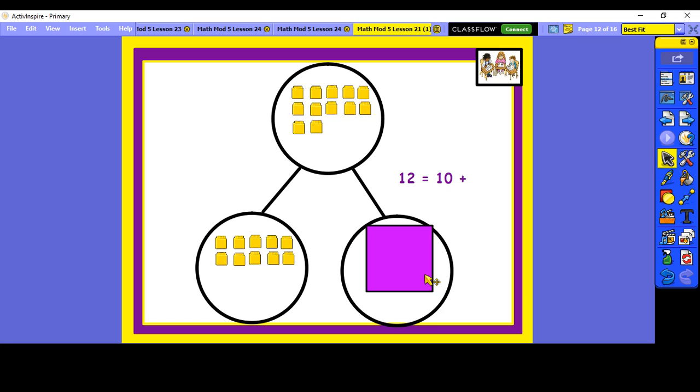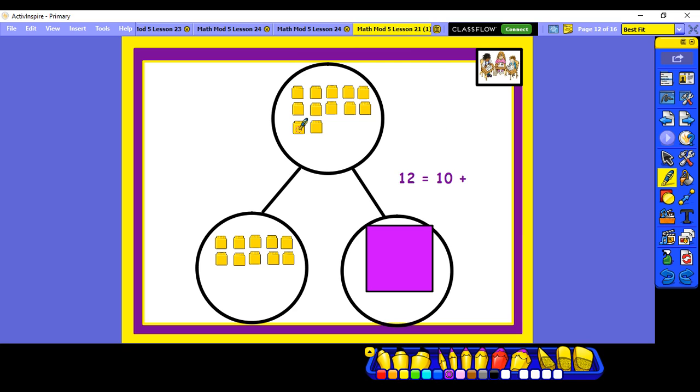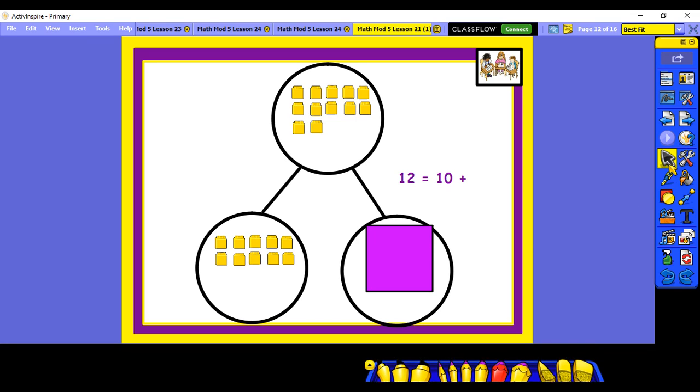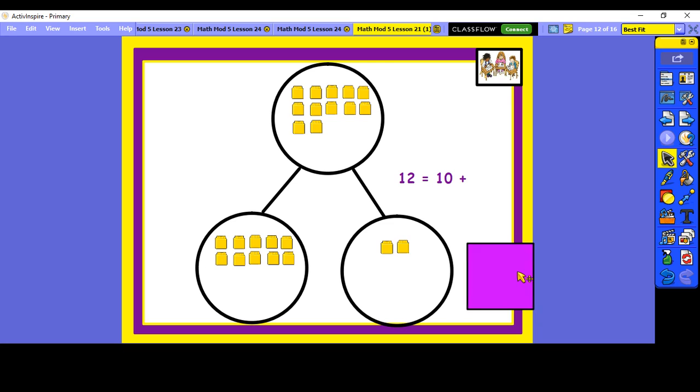Abracadabra. Open! What part is hiding? We have 12. We have 10. What part are we missing? We're missing 2. Great job.